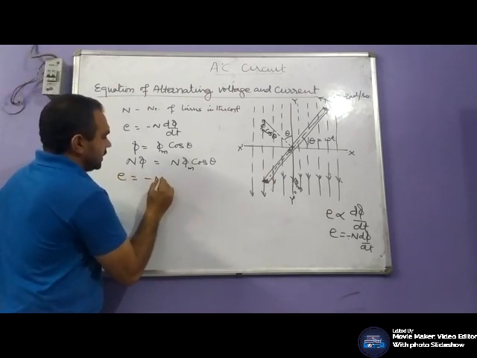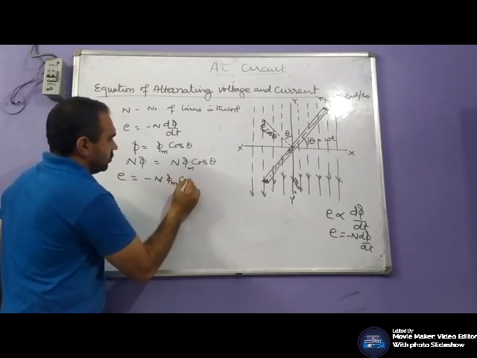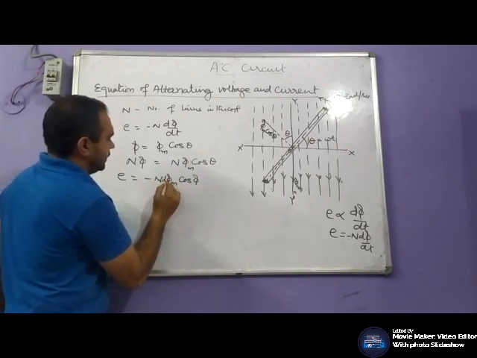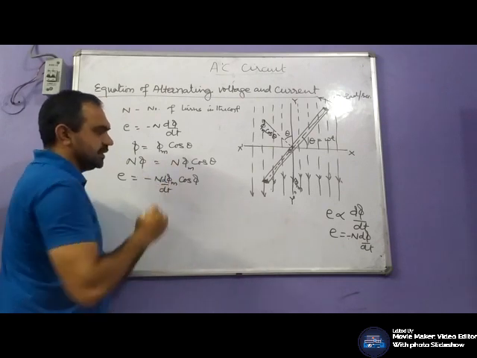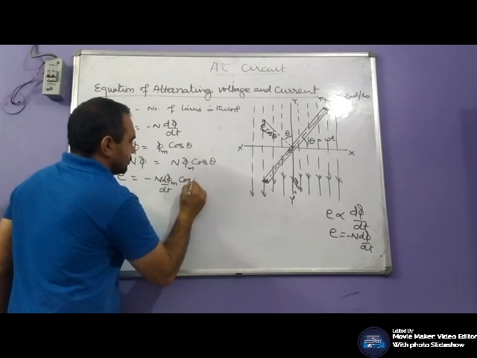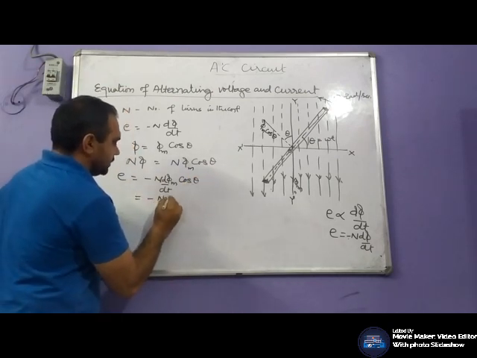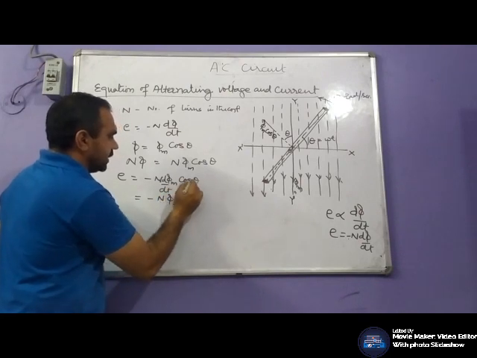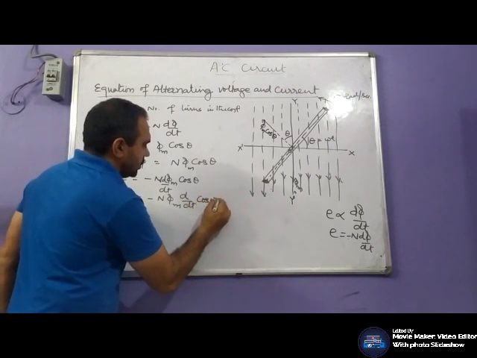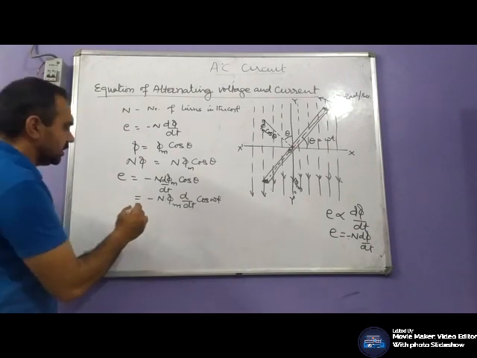Minus n phi m d by dt of cos of theta, or minus n phi m d by dt of cos of omega t, because this theta is omega into t.